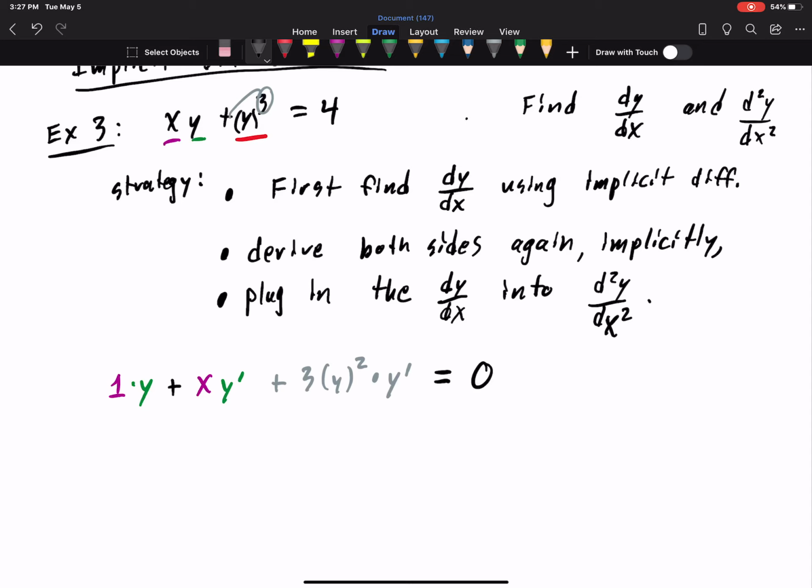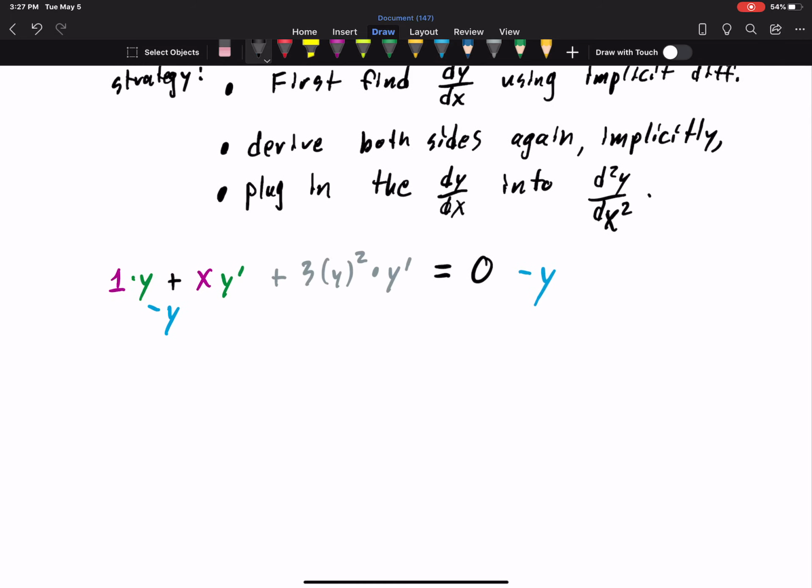Okay, so now the idea is to get all the y prime stuff by itself. There's only one little bit of non-y prime stuff that we're going to move to the right-hand side. So namely, we're going to subtract away y from both sides. So rewriting this gives us x y prime plus 3y squared times y prime is equal to minus y.